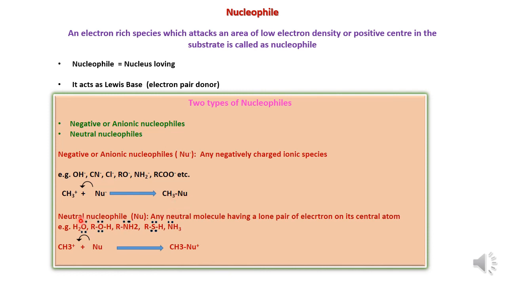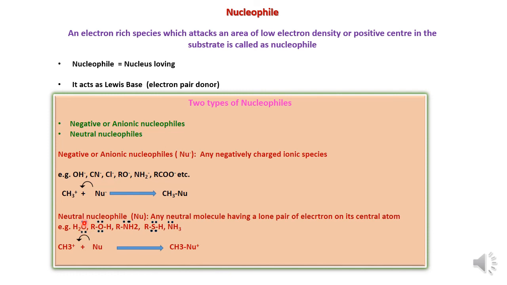Then again there are neutral nucleophiles. Any neutral molecule having a lone pair of electrons on its central atom is called a neutral nucleophile. The examples are H2O, where on oxygen there are two lone pairs.